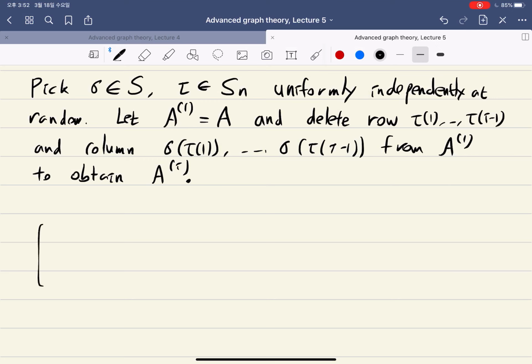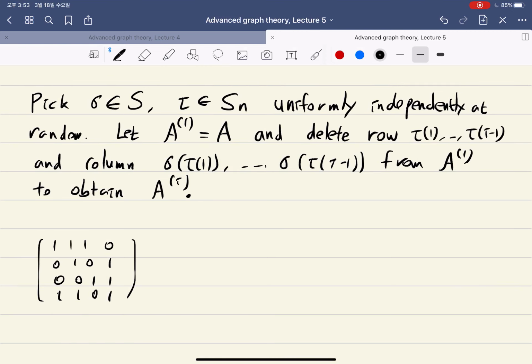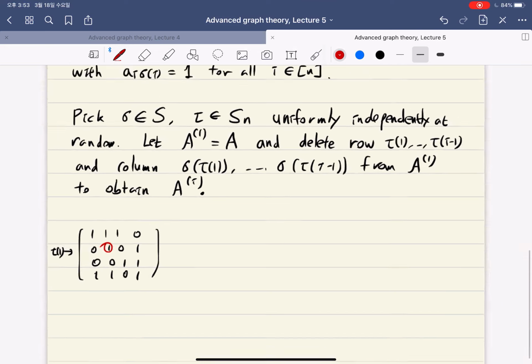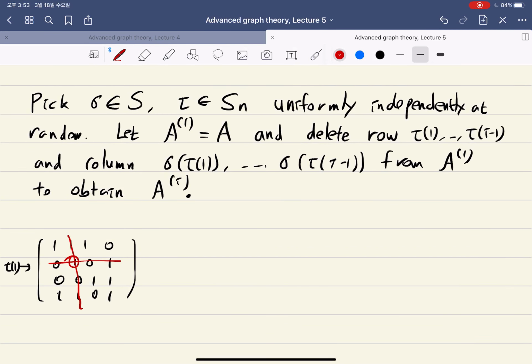So what we will do is, let's say we have some matrix, 1, 1, 1, 0, 0, 1, 0, 1, 0, 0, 1, 1. Then vaguely what we are doing is you choose a row tau(1), and then in this row you choose one entry which actually extends to a perfect matching, extends to a permutation in S. And then you delete this row and this column. Then the remaining matrix is A_2.